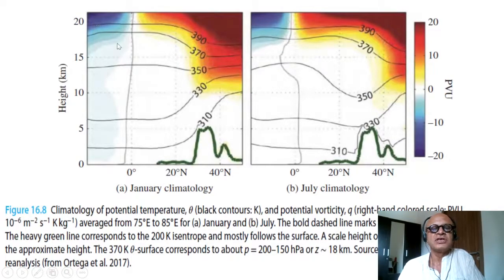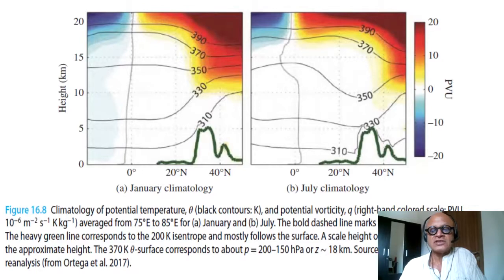So you see the negative sign of the isentropic potential vorticity here, and positive here, and you see the impact of the heating and the vorticity balance that is needed to go with the precipitation and the circulation, right?